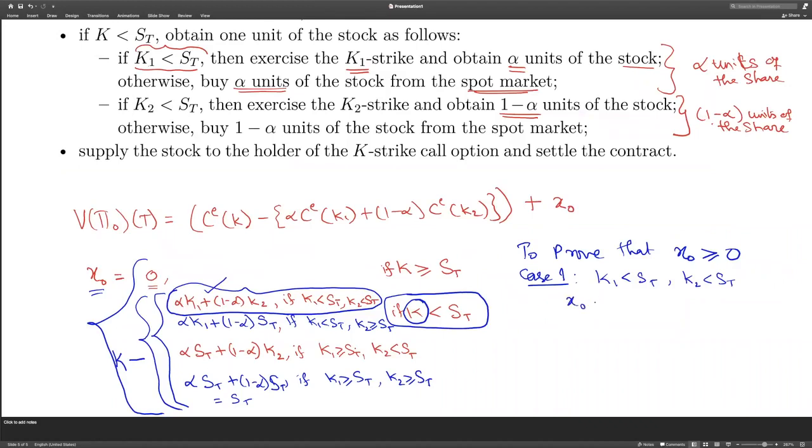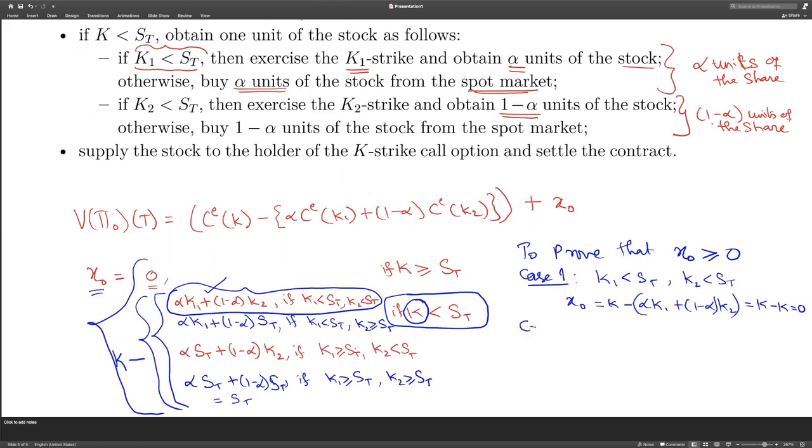You will have this equal to K minus alpha times K1 plus 1 minus alpha times K2, and that is K minus K, and that is actually equal to 0.